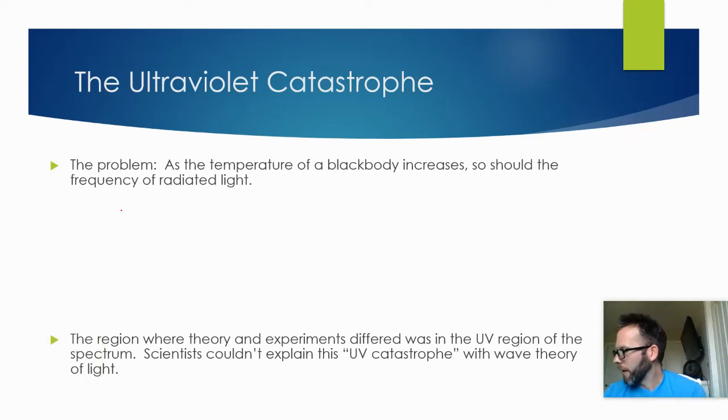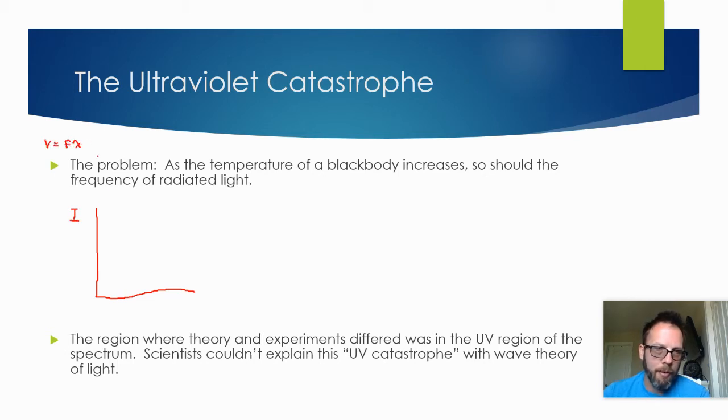You should get something like this. So if we make a graph, and remember our wave equation, v equals f lambda, right? So that means that frequency is v over lambda. And if we're talking about light, that speed is c.